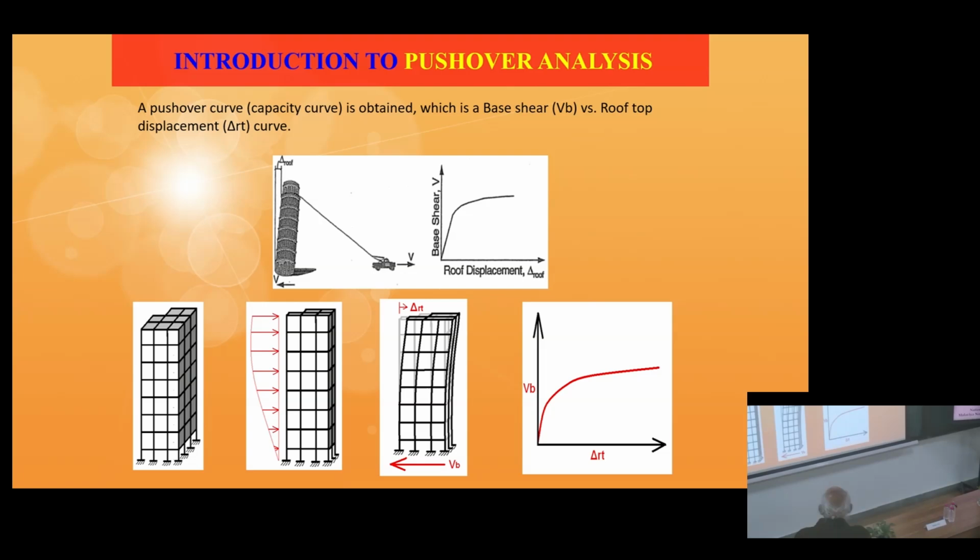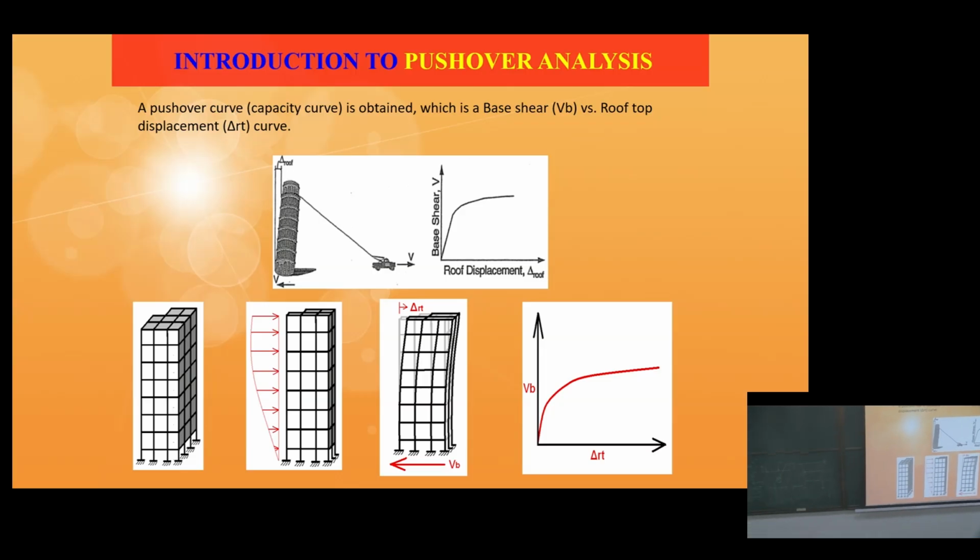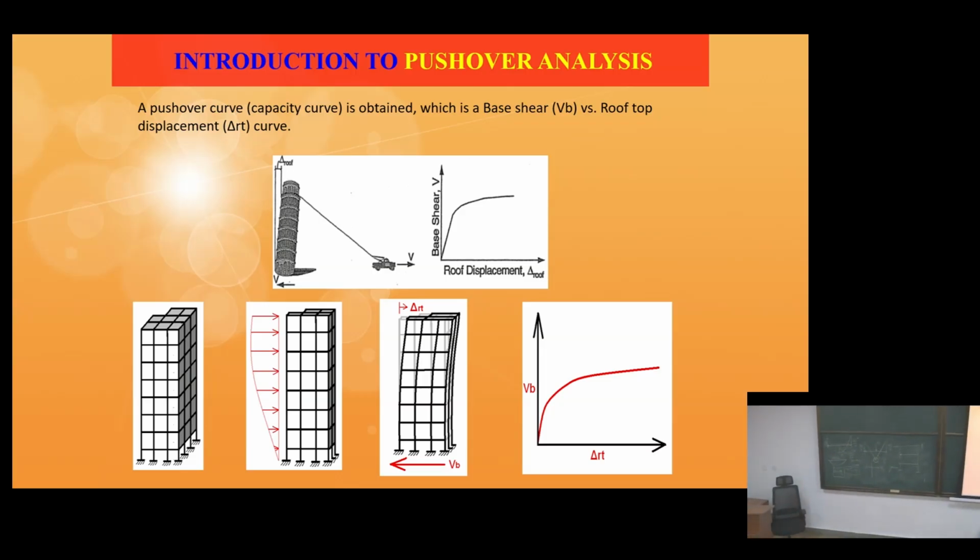Now this is another kind of situation. Say when you are giving the displacement over here, you are not sure how the other stories are displacing. You do not know. You only know that you have displaced this portion. You don't have any idea about how they are moving.